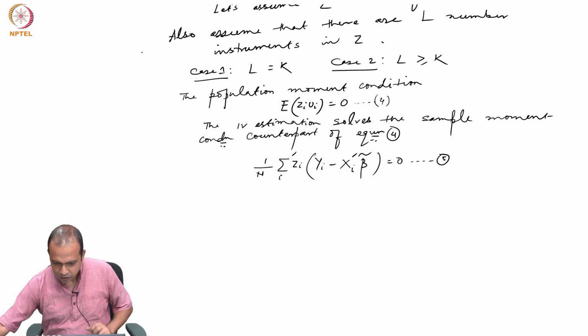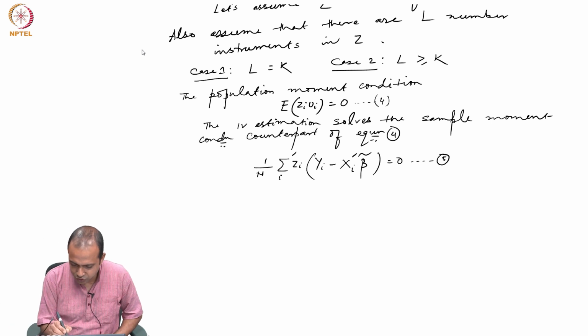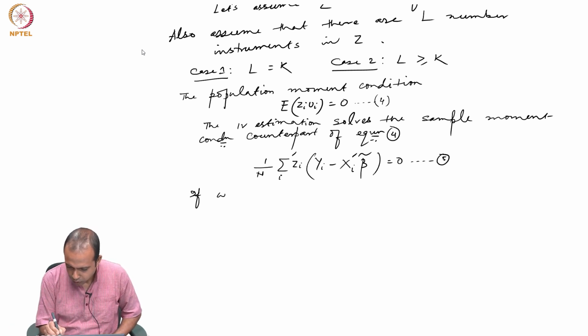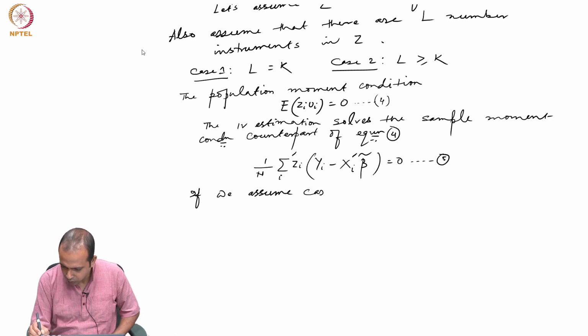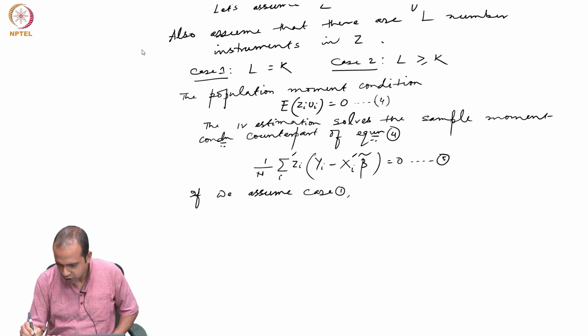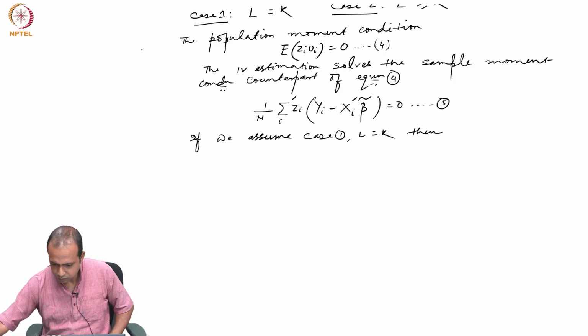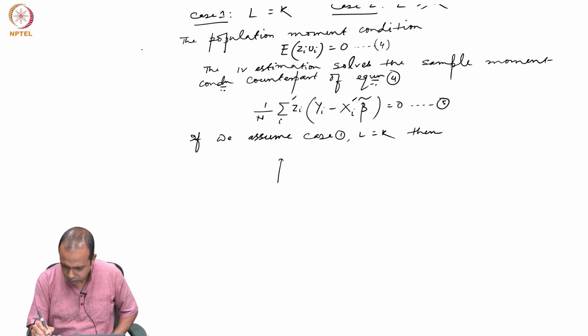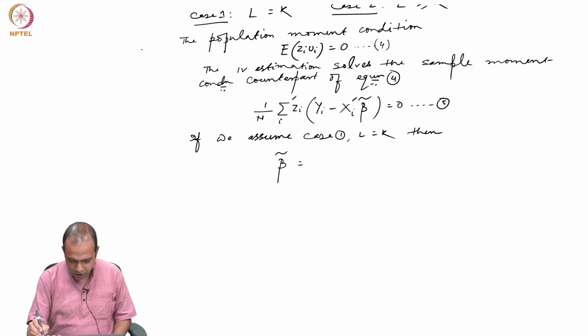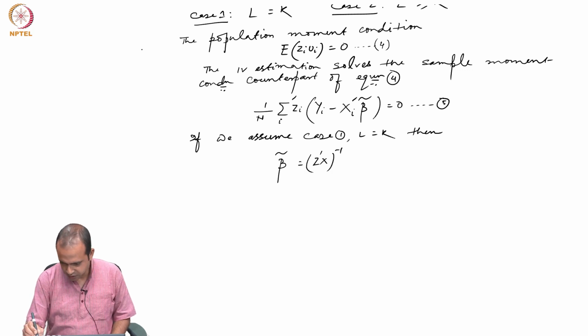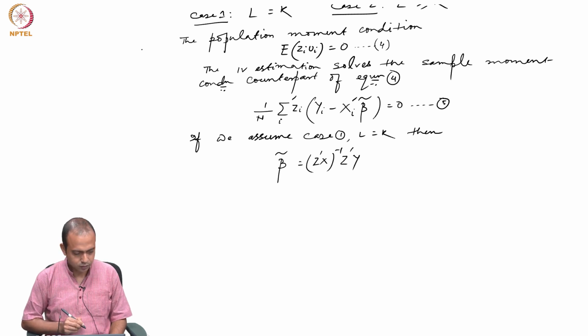And if we assume case 1, that means L equals K, then this beta tilde equals Z prime X inverse Z prime Y. Okay.